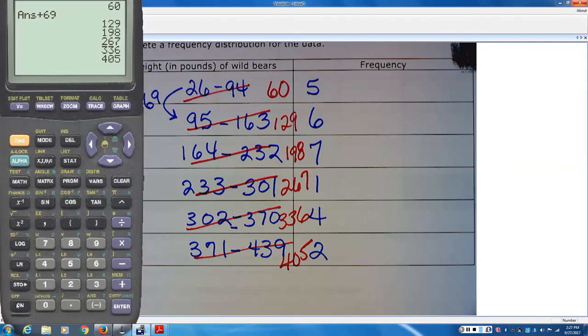So there are the midpoints. Now here's what I want you to do.